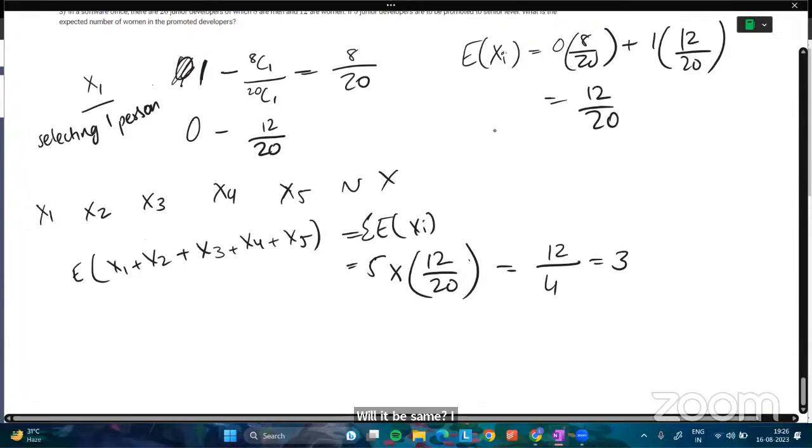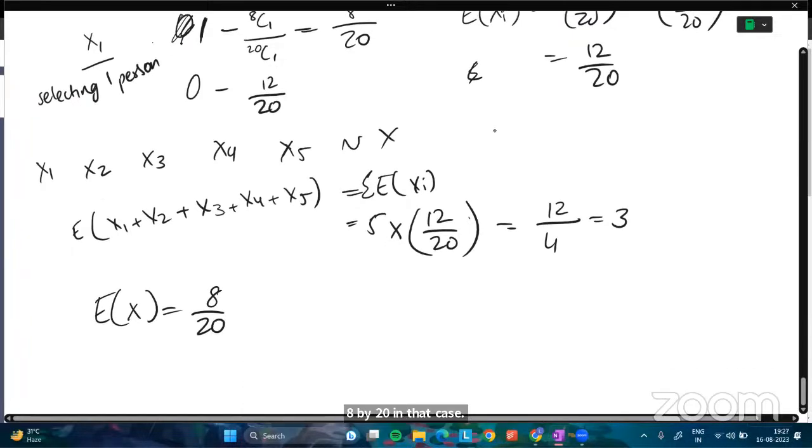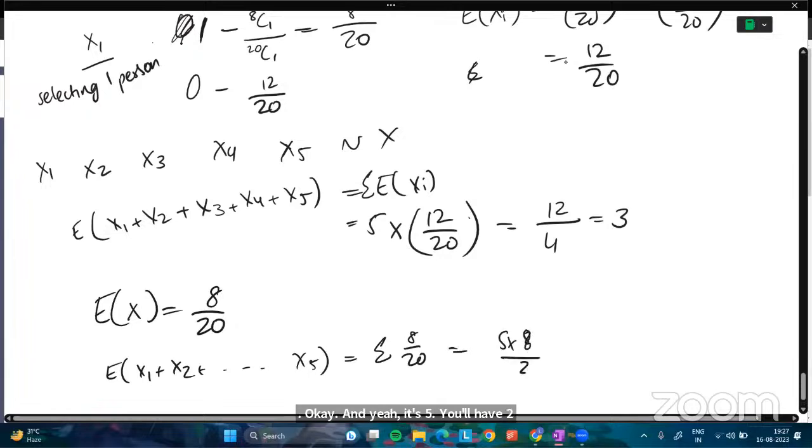So success, the expectation will be 8 by 20 in that case. And you have to do summation of 8 by 20, which will be 5 into 8 by 20.